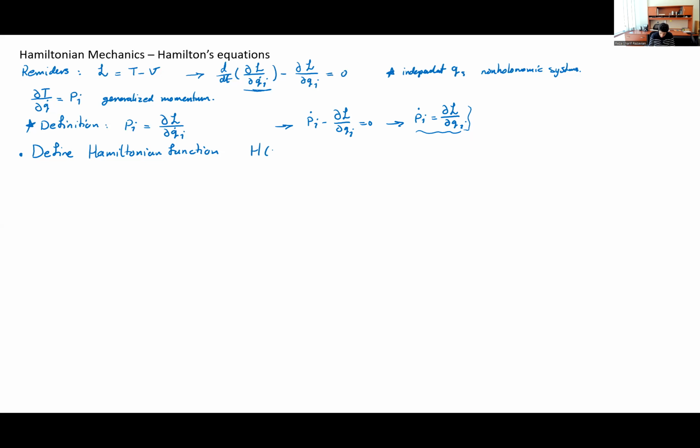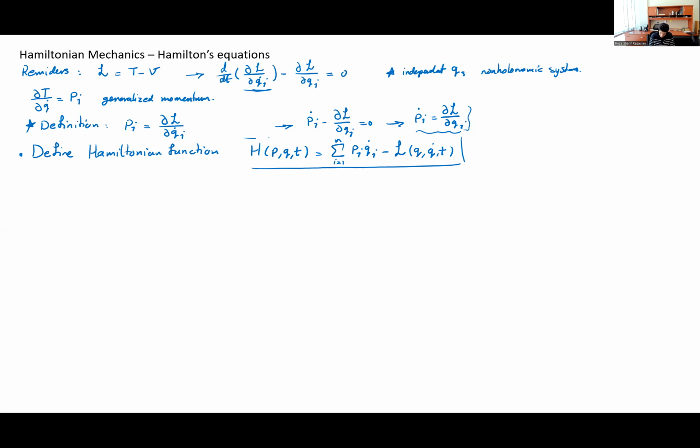So H of P, Q, and T is the sum of all i equals 1 to n of pi q dot i minus the Lagrangian, which is a function of q, q dot, and t.